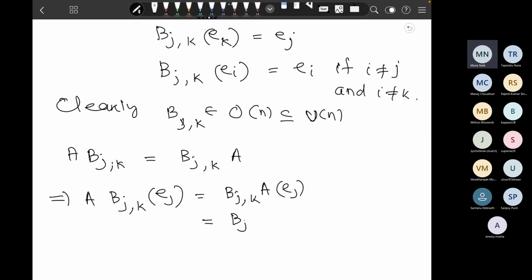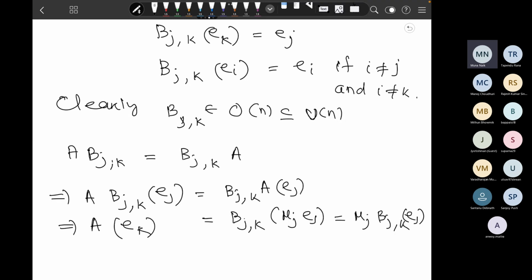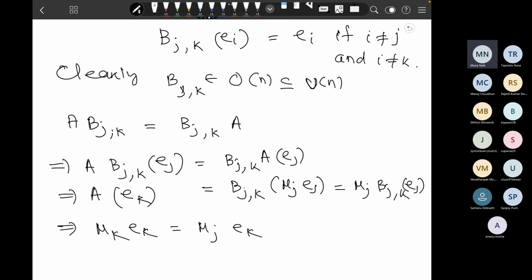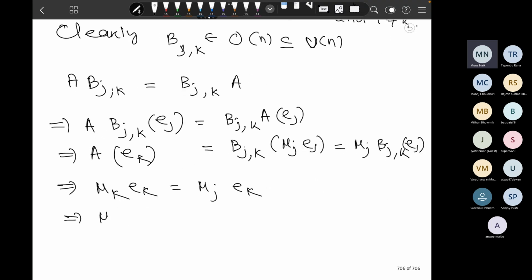This is Bj comma K A Ej, which is mu J, and Bj comma K Ej is Ek. So this is mu J Ek. Now this is mu K Ek, equal to mu J Ek, and this implies mu J is equal to mu K.